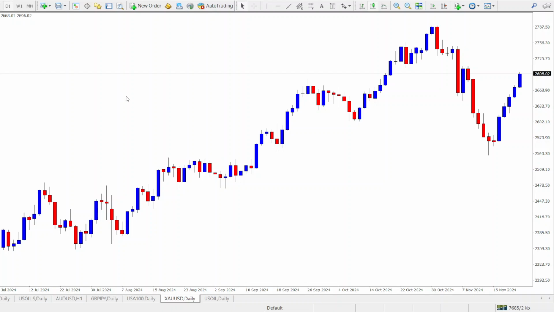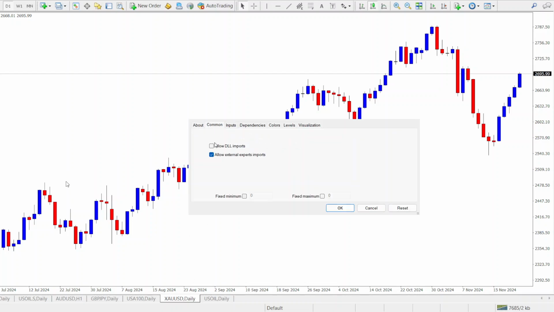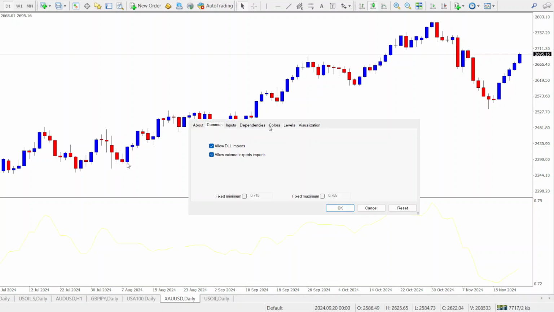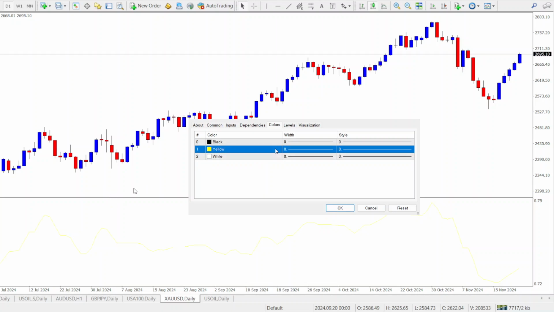Alright, so I'm just going to be inserting the positive volume index indicator right away. So this is how the indicator looks. I'm just going to change the color because this color is very light, so that I can easily see it properly.